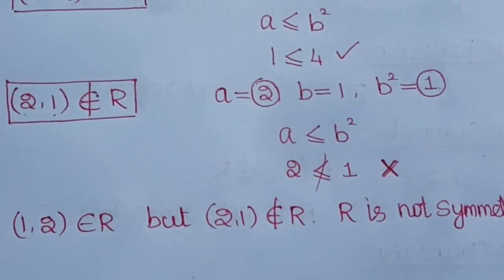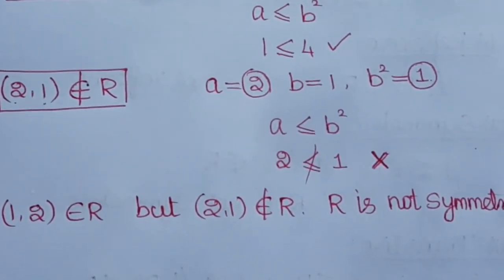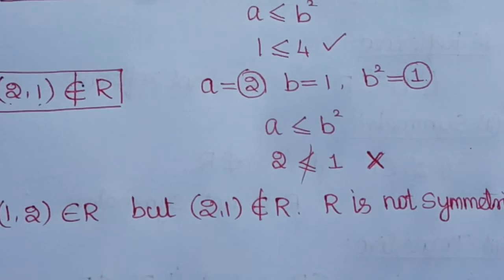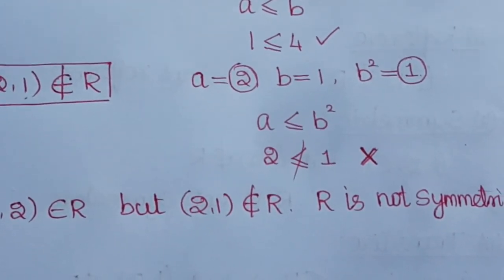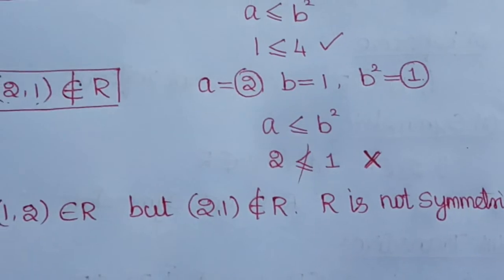Okay, next one, transitive. The next condition is transitive. Now we want to check whether the given relation is transitive or not.